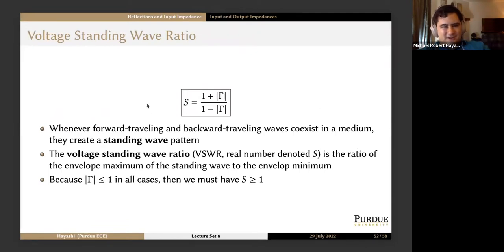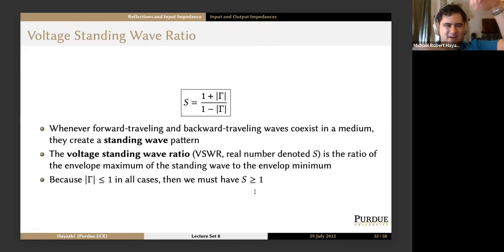We're also going to define the voltage standing wave ratio because we need more variables to make our lives interesting. So we'll say S, VSWR, is 1 plus absolute value of gamma over 1 minus absolute value of gamma. Whenever forward and backward traveling waves coexist, they create the standing wave, and this will tell you the ratio of the maximum envelope of the standing wave to the minimum envelope of the standing wave.